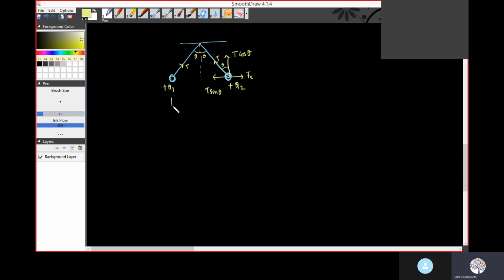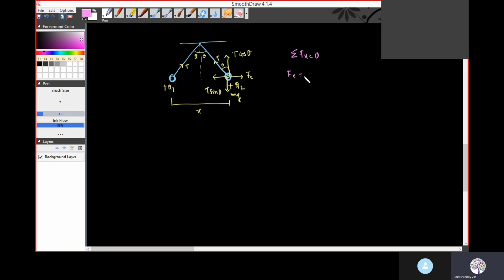Let us take that the distance between these two particles is x. Then the downward force mg will act. If the particle is in equilibrium, then sigma Fx is equal to 0. The sum of all forces along the x-axis is 0.